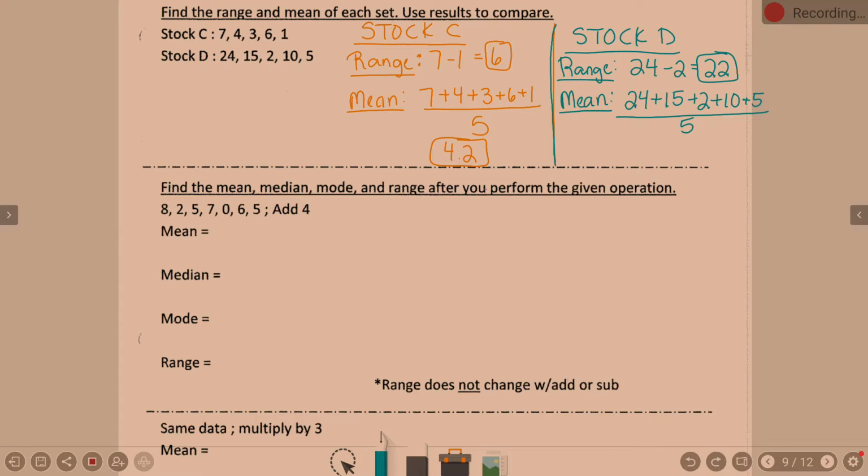Mean of 11. Okay, I agree. So add all the numbers, divide by 5 again. The range, did you get the range I got? 22. Yeah. High minus low, 24 minus 2 is 22.